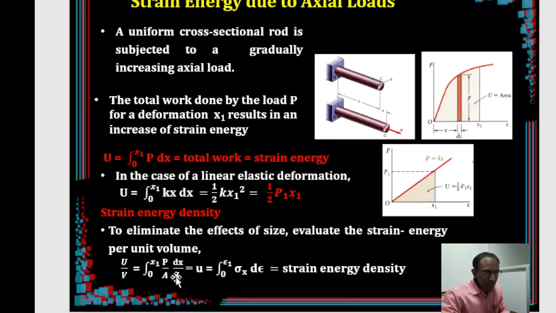Because p by A we can replace by stress, and dx by L, deformation by original length, becomes the strain. So ultimately, strain energy density is nothing but the product, or multiplication, of stress and strain.